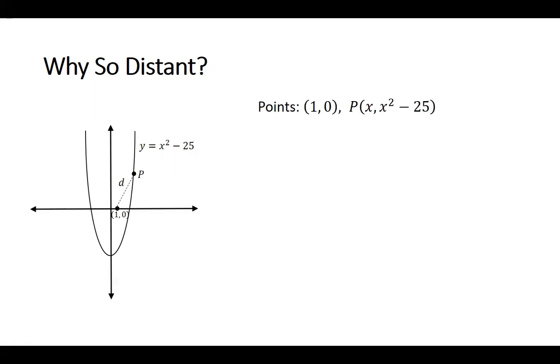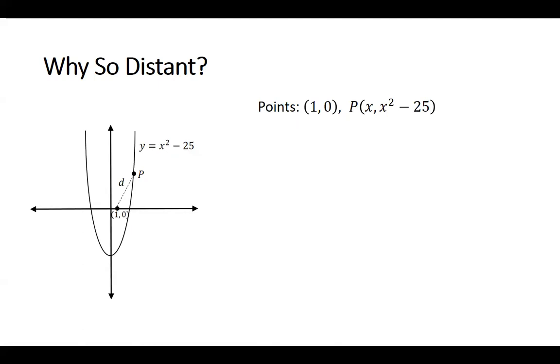So we're going to start creating a function for that distance. First of all, we know we have two points. We have the point (1, 0), and then we have another point where the input is x and the output is x squared minus 25, so (x, y).